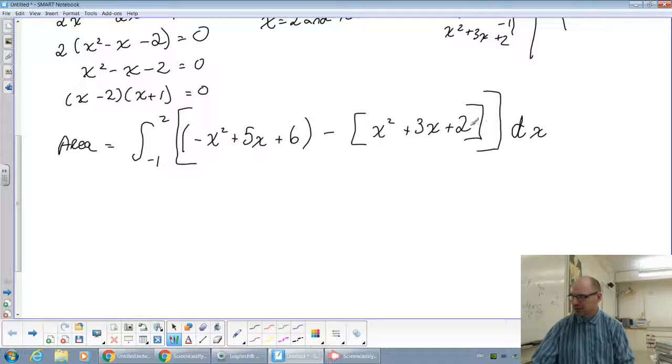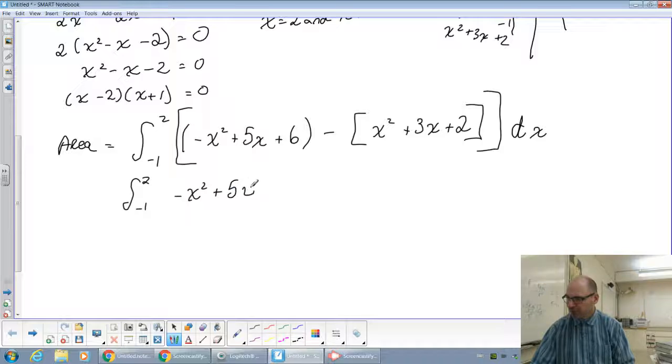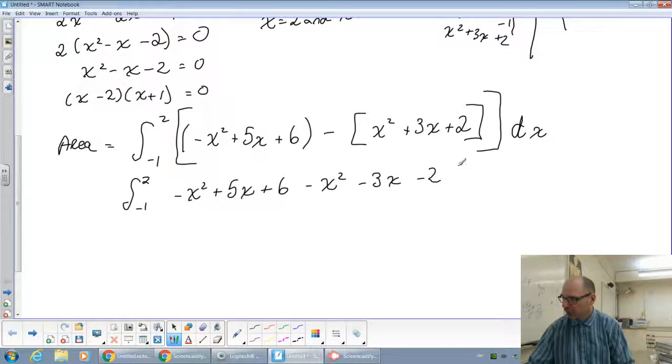So what we have to do is take this and subtract this. This is going to change the signs in all of these, and then we're going to add them together. We'll do it step by step here. So this would be negative x squared plus 5x plus 6 minus x squared minus 3x minus 2, dx.